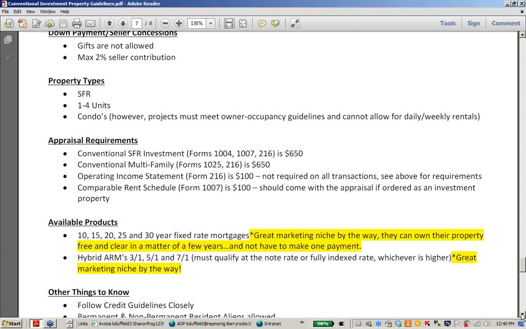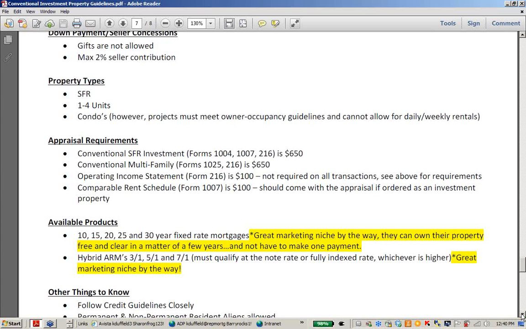So this could be maybe a marketing niche, if you're looking for ideas, topics of conversation to get out there and talk to your referral market and your realtors and your customer base. On a fixed term loan, if they do a lower term like a 10 or 15 year, then they can own that property pretty quick, free and clear. And obviously the payment's being made for them.